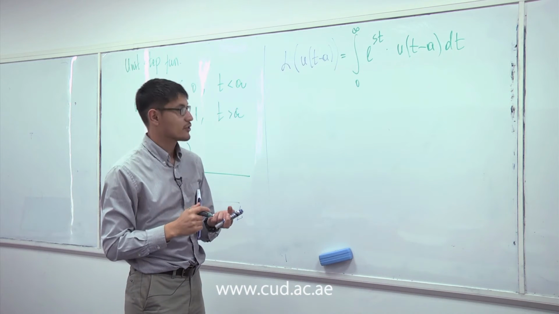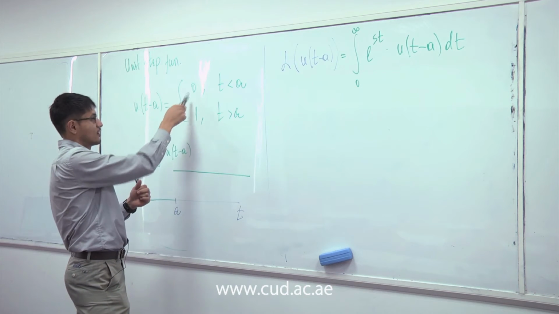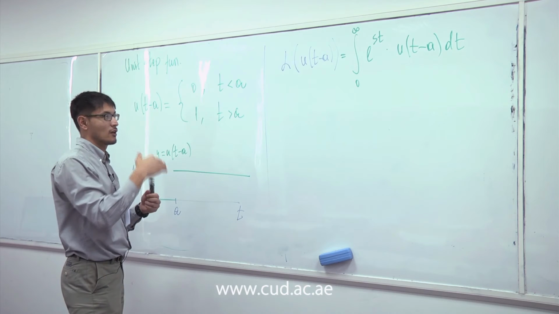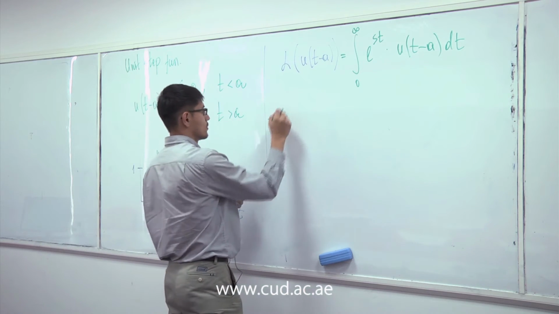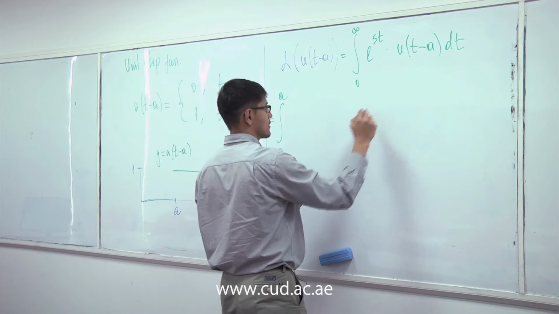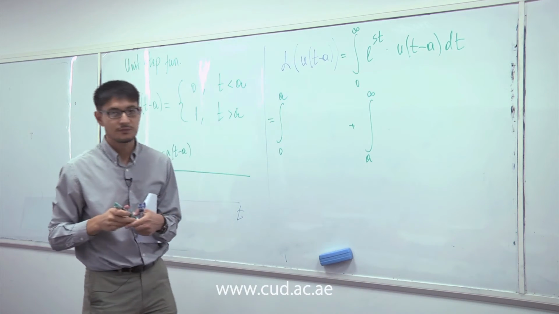Now, because the function is defined differently on different intervals, we have to break down the integral into those different intervals. So we're going to take the integral from 0 to a plus the integral from a to infinity.